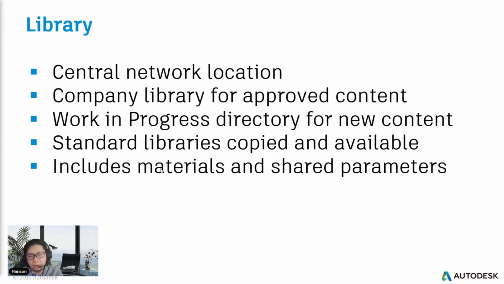So company libraries have approved content and a work-in-progress directory for new content. These are files or locations where you can put your work in progress, or even folders including materials and shared parameters. So these are just a set of folder locations that you can work on.